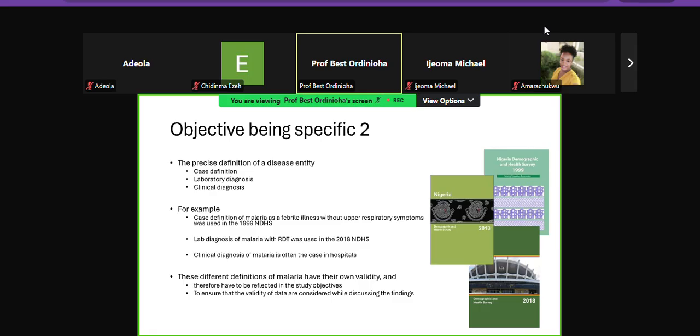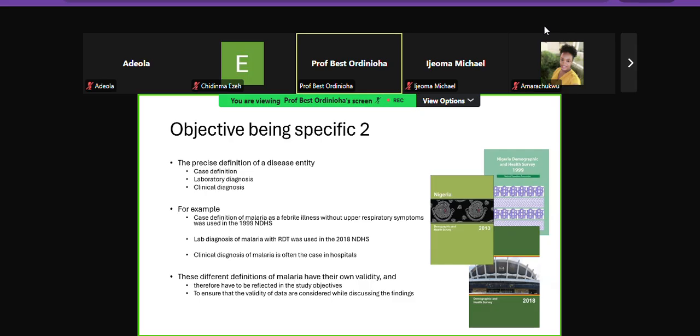At the beginning of the COVID-19 pandemic, case definitions were used, where they talked about fever and, of course, the history of foreign travels. That was a case definition.